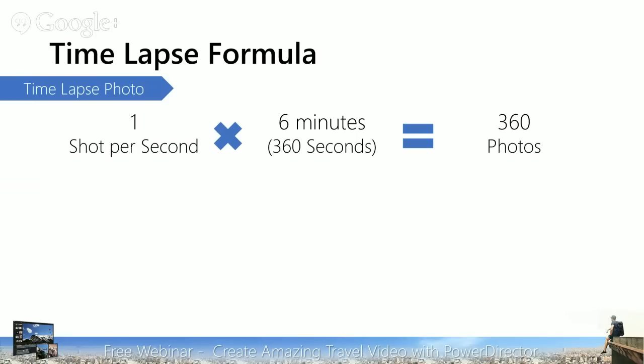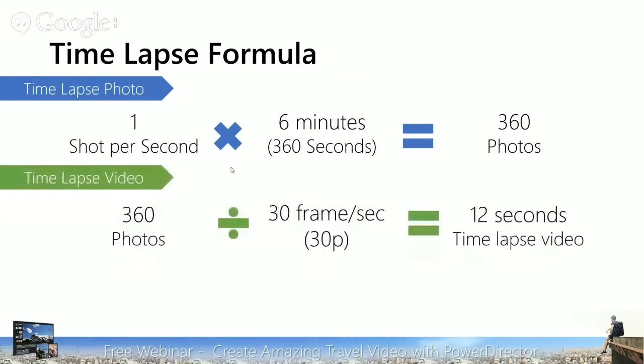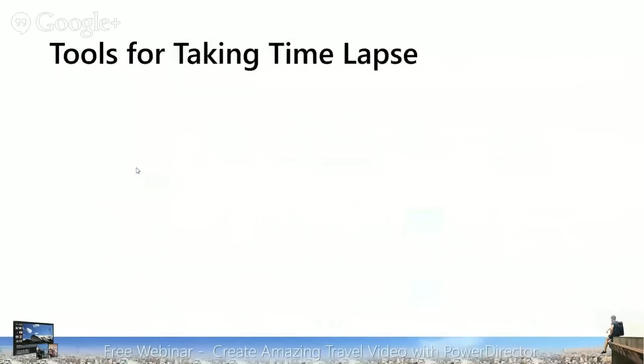Then when I want to make it into a time-lapse, for example, if my timeline is at 30 frames per second, then the 360 photos will help me generate 12 seconds of time-lapse video. And in the same way, if you set the timeline frame rate to 24 frames per second, then you will get 15 seconds of time-lapse video. So that's how it works.